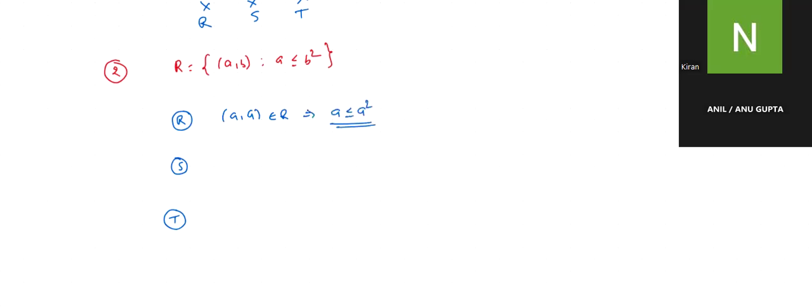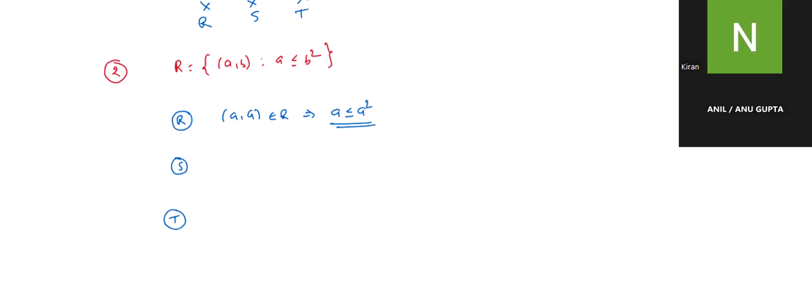Carefully, any one of the two must be satisfied. If we take A as 2, then 2 is less than or equal to 2 square, which is true.